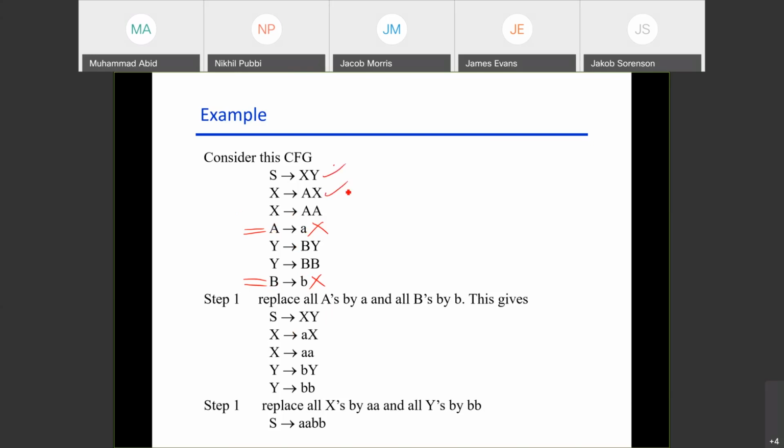This one, I replace capital A with small a, AX. This one, I replace A with AA. I delete this BY, replace with small b, and then this one also with BB, and I delete this. This is my first iteration done, and I reduce my grammar into fewer production rules and move to the next step.